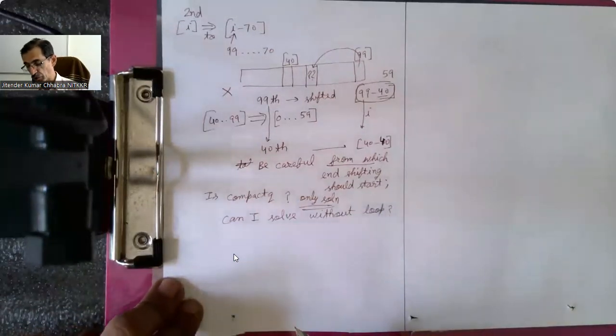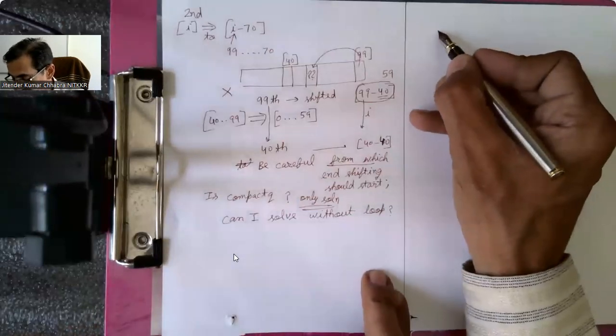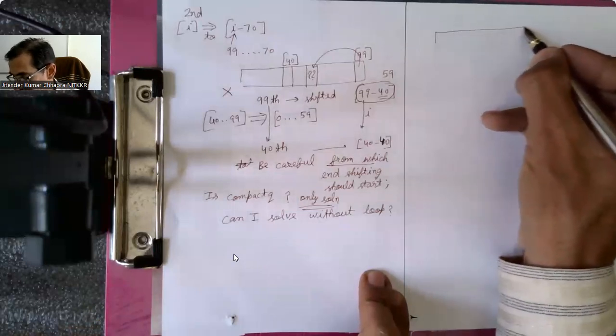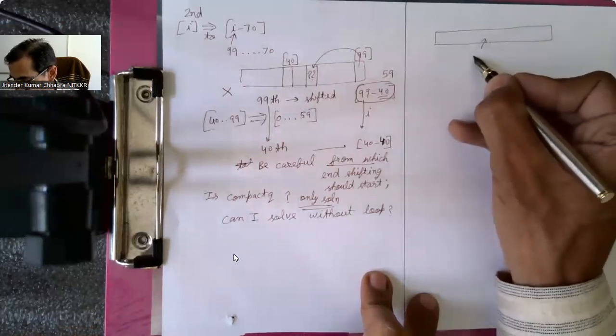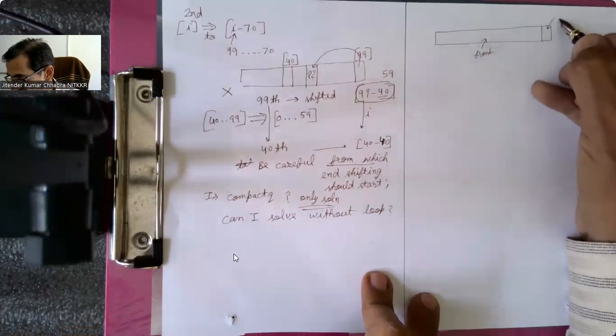Yes, you can do that. And the answer to that is, why should I do compaction? While shift copying, let's say your front has come somewhere here, and you reached this end as rear.